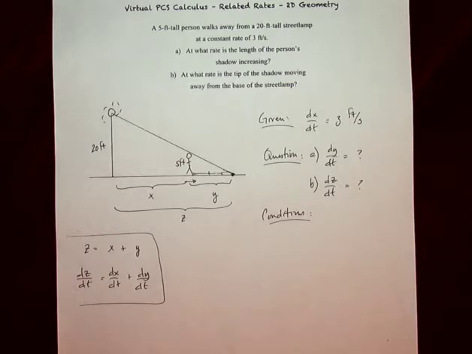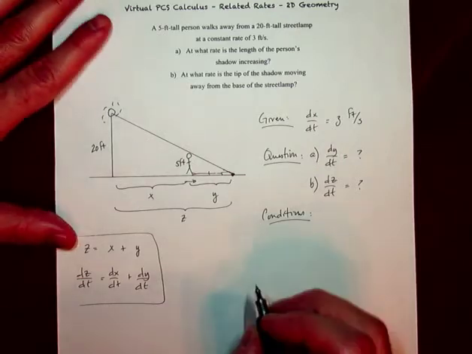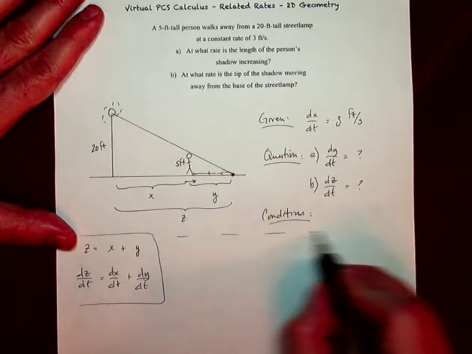Well, here's the thing. I have dx/dt, I need to find dy/dt, and I need to figure out how to set up a relationship between x and y. Well, that's similar right triangles, guys. And similar right triangles, of course, have proportional sides.